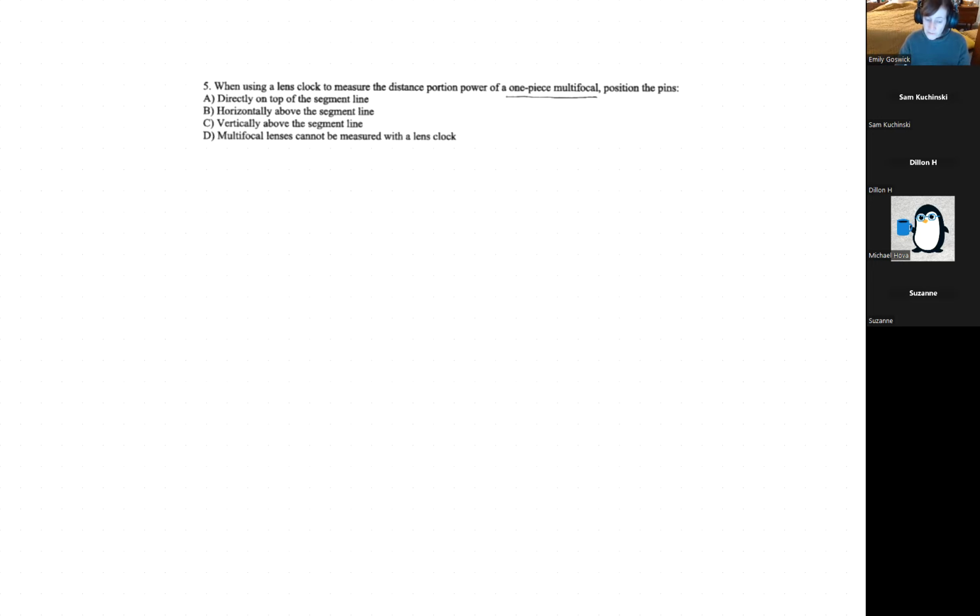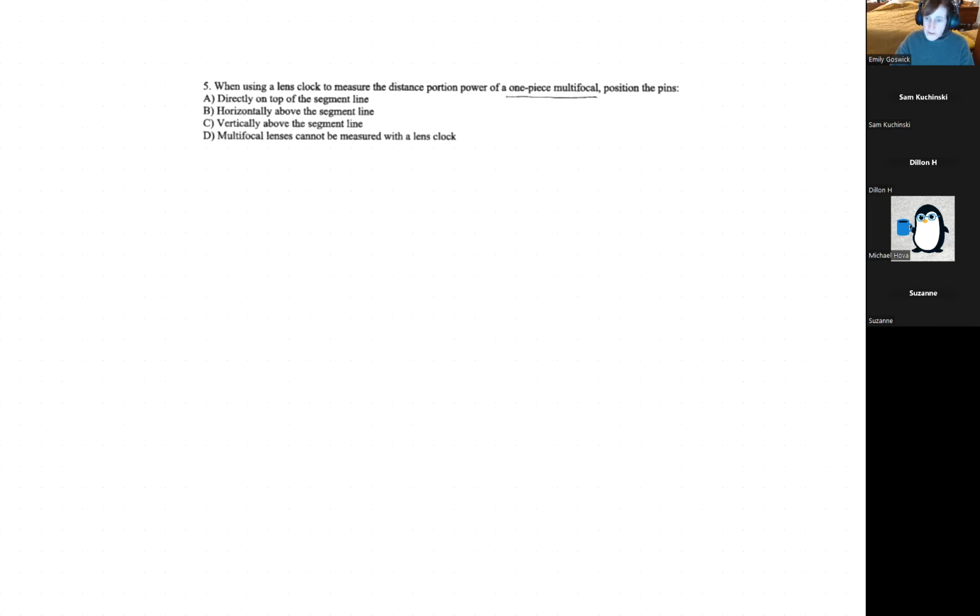On the front surface, modern lenses are always going to be completely spherical. We don't have astigmatism ground into the front of a spectacle lens anymore. So you only need to measure one axis on the front of a lens, but on the back you want to measure the axes 90 degrees apart from each other.